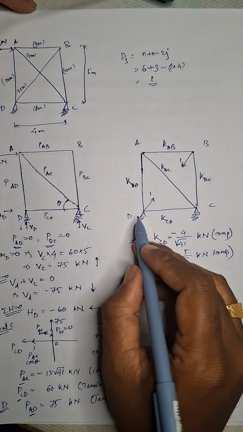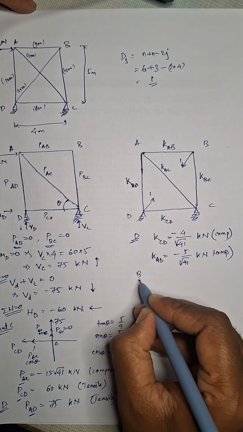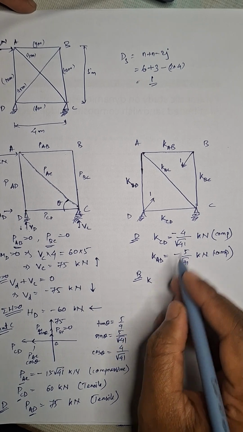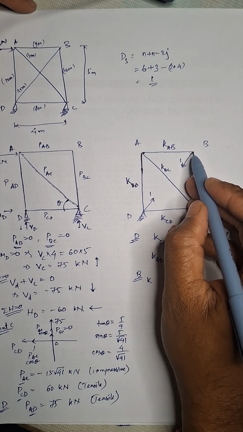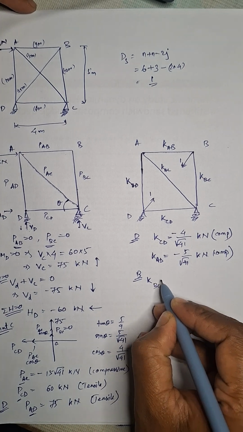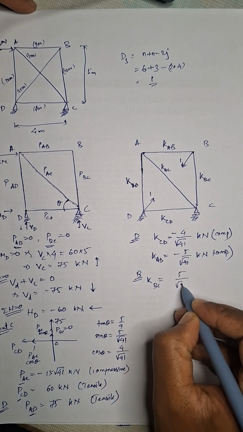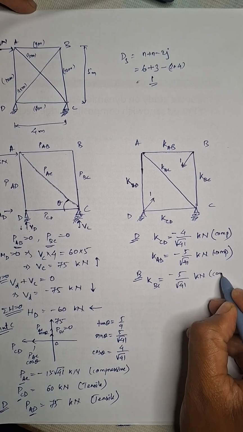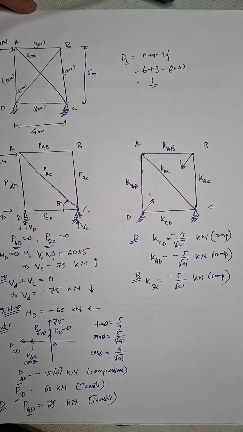Similarly, consider joint B. Considering joint B, we will get KBC. KBC will be 5 by root 41 kilonewton, which will again be negative, compressive in nature.